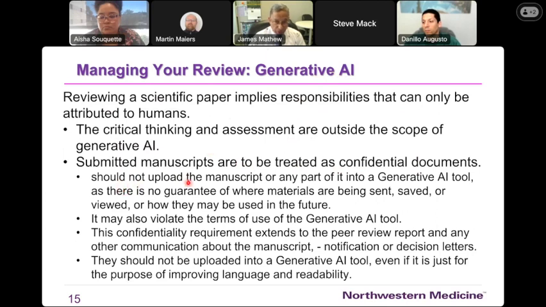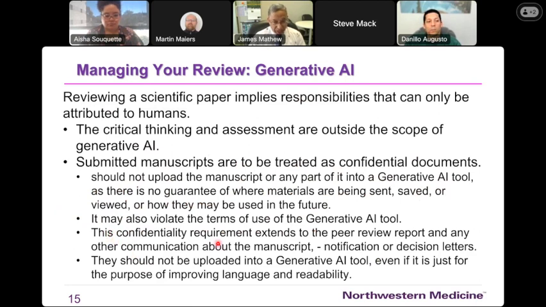You should not upload the manuscript or any part of it into an AI tool, as there is no guarantee where the materials are going to be sent, saved, or viewed, or even how they may be used in the future. It may also violate the terms of use of the generative AI tool.